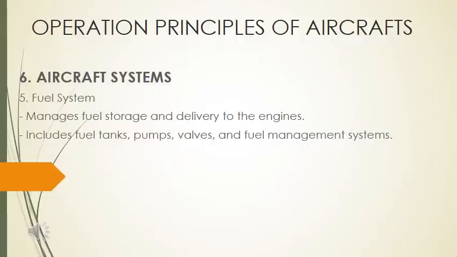There are some aircraft that make use of external tanks. Some fuel can be stored in some part of the fuselage, some in the wings. So the fuel system manages fuel storage and delivery to the engines.